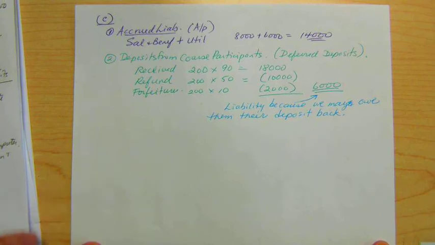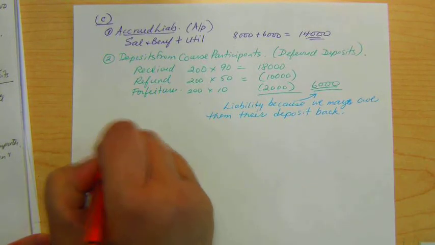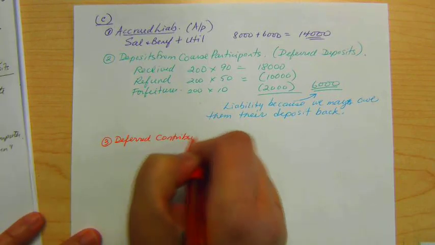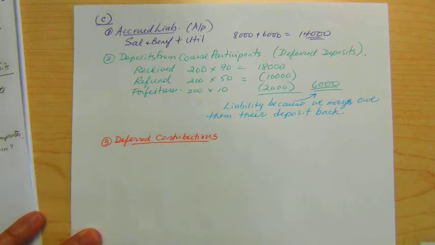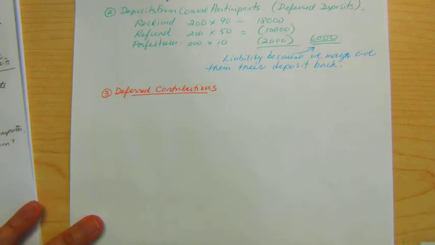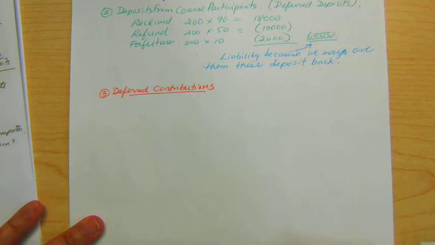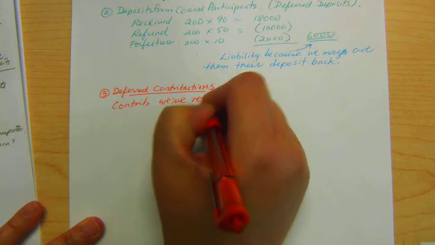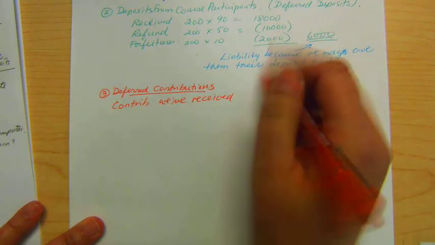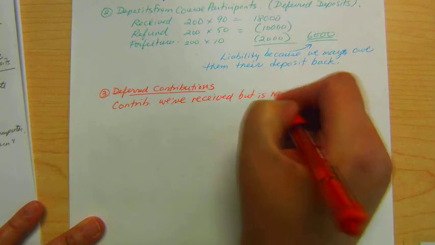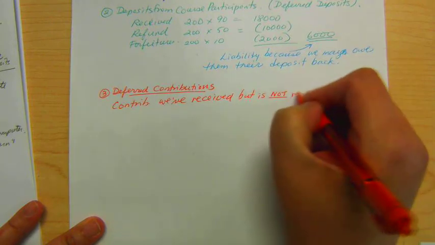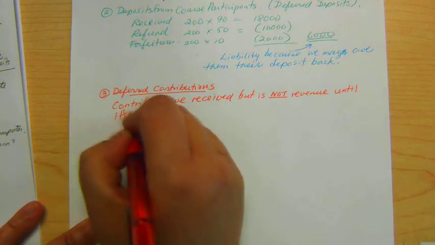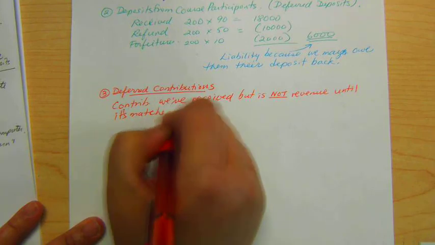Finally, the third thing they want is deferred contributions. So it's contributions we've received, but is not revenue until it's matched to expenses.